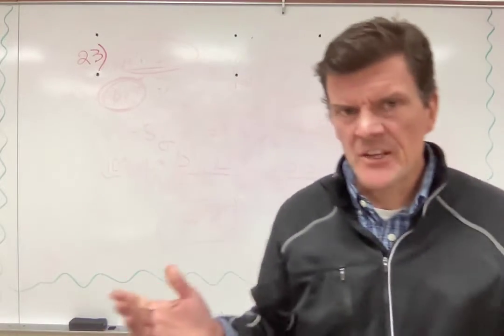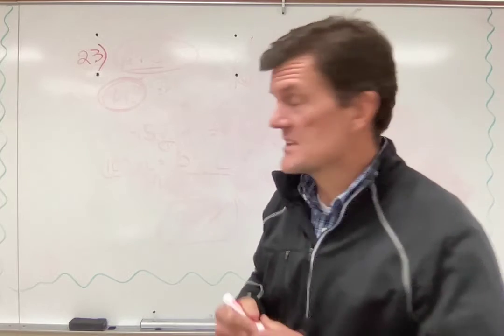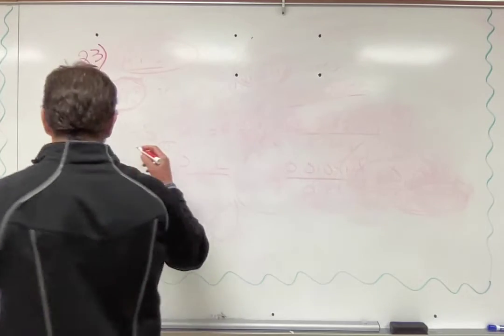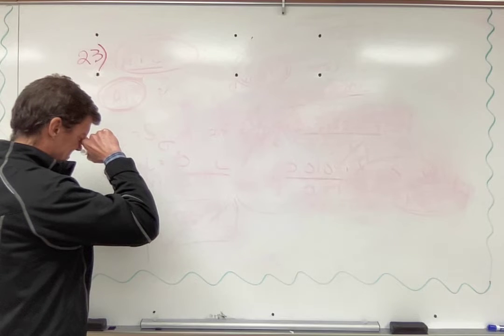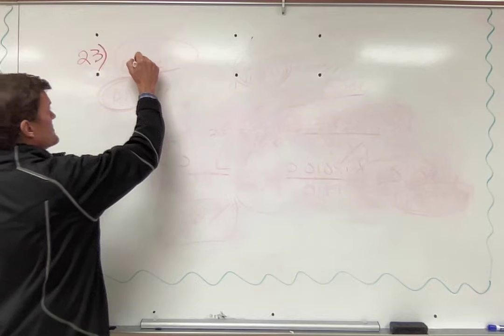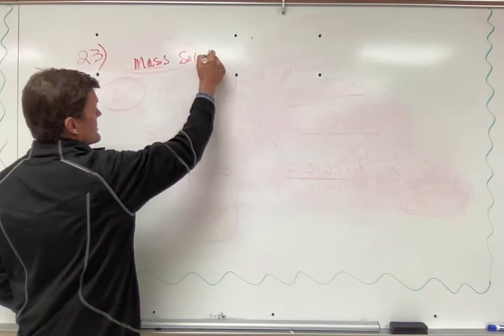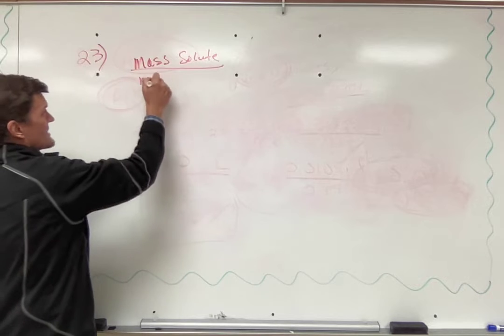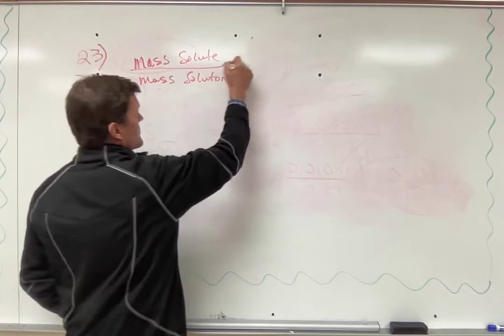Okay, this is another kind of weird way to look at concentration. Weight percent simply means, I think it's the mass, so it must be the mass of the solute over the mass of the total solution, and then you multiply it by 100.